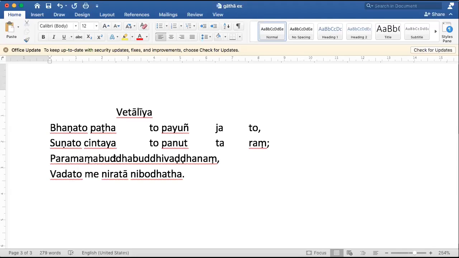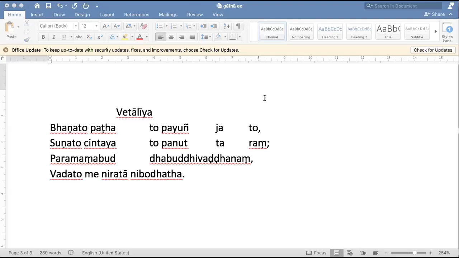I think this is separated as paramang a buddha. It has 8. But the problem is this is the third line, so there should be 6 moras at the beginning. Yes, but according to his analysis, it becomes 8.